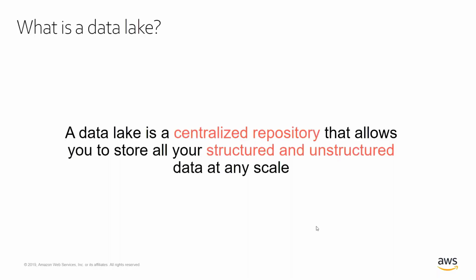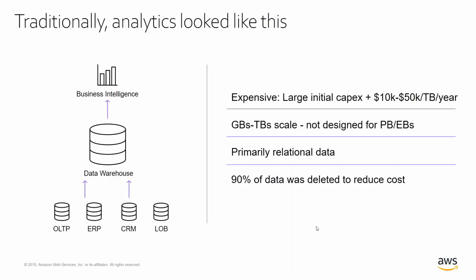With that, what we should do is take a look at a traditional analytics architecture, something that we know quite well from the last 20 plus years. So the screen that's there in front of you should look quite familiar.